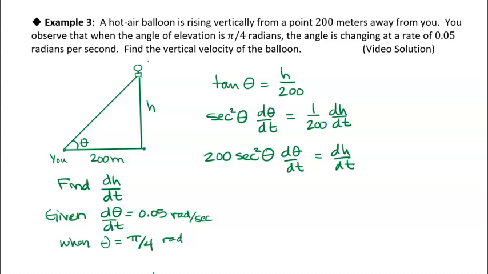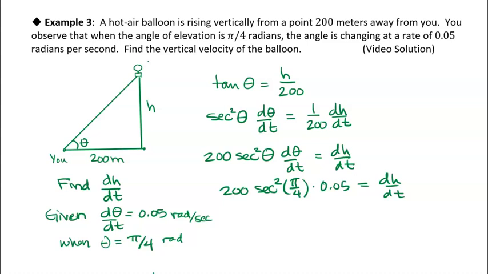We know theta is pi over 4, so we're going to have 200 secant squared of pi over 4, and then times d theta/dt, so 0.05, and that's going to be our dh/dt. So what do we get?